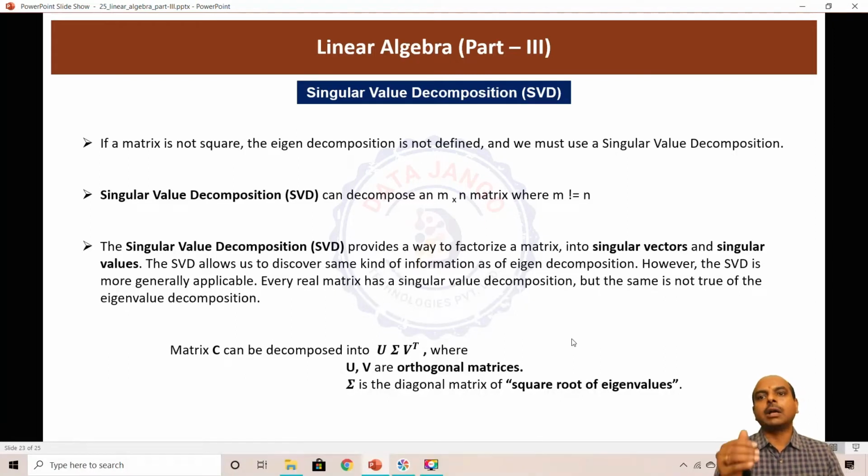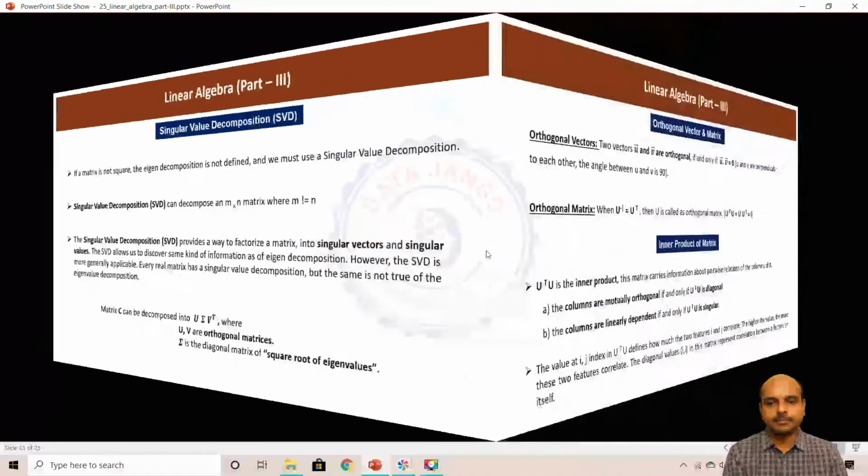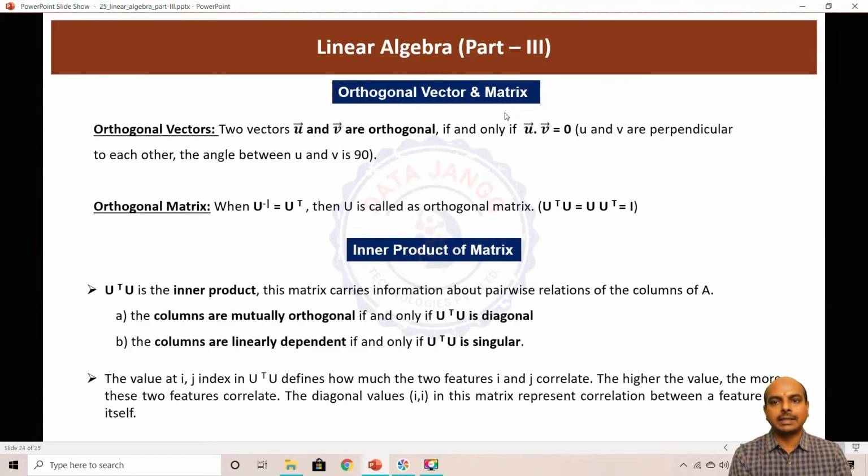First, let us see what orthogonal matrices are and what an inner product is. When you understand orthogonal matrices, orthogonal vectors and inner product, it becomes easy to understand singular value decomposition. Let us see what that is. Orthogonal vectors and orthogonal matrices. Two vectors U and V are orthogonal only when they are perpendicular to each other.